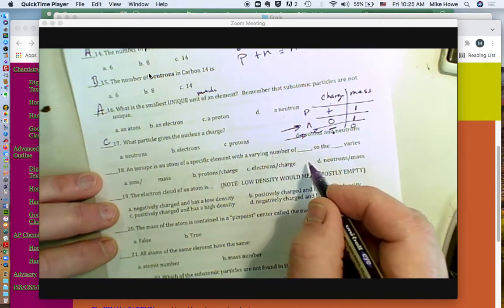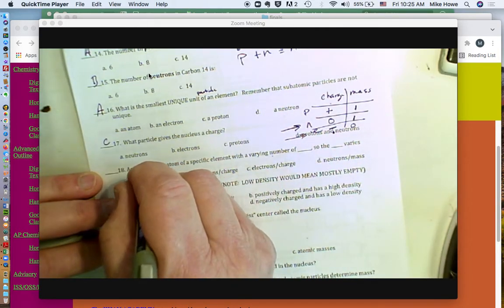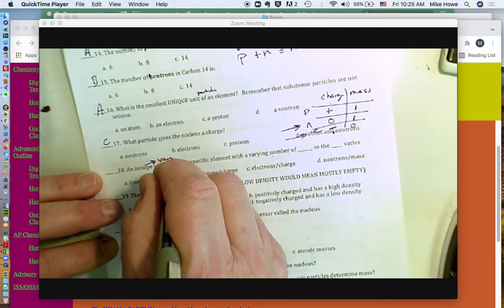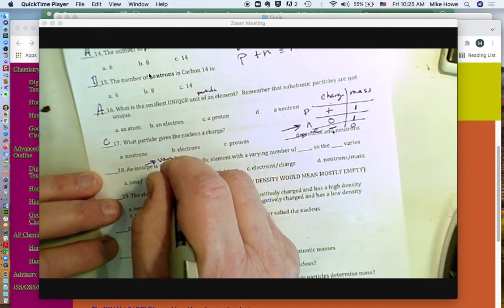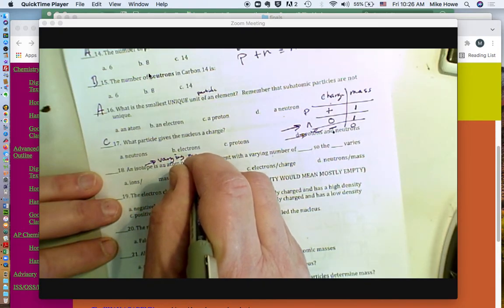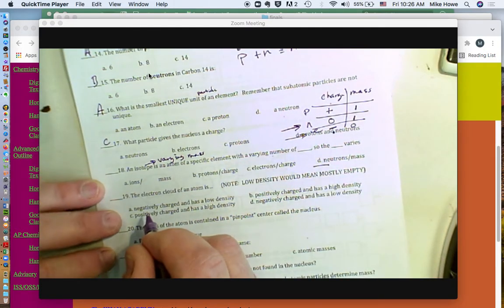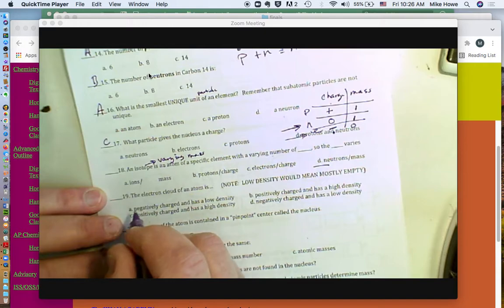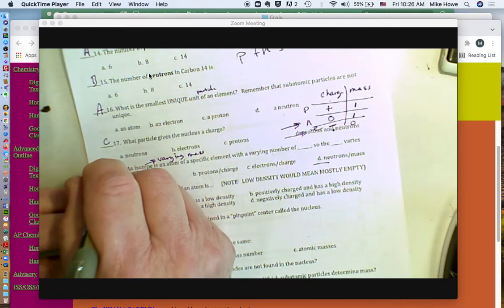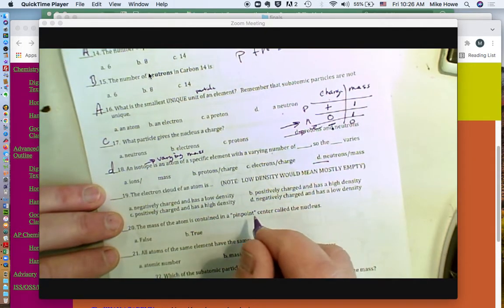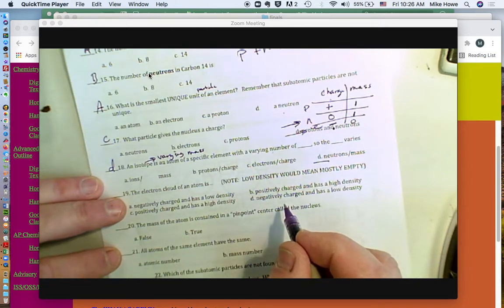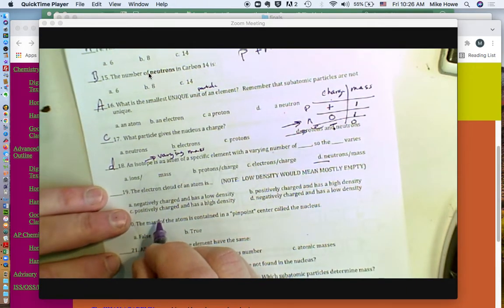So an isotope is what we use to talk about varying. It's a word that means varying mass. So to do that, you change the neutrons. So the answer to that question, isotope is a specific element with a varying number of neutrons so that the mass changes.